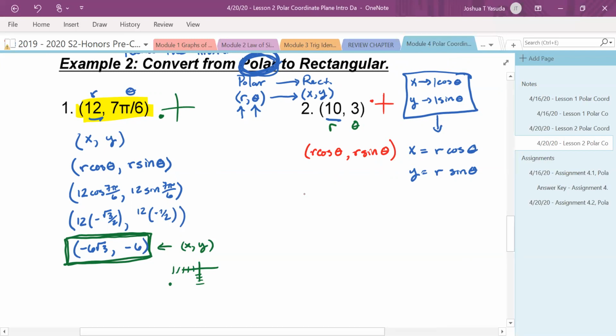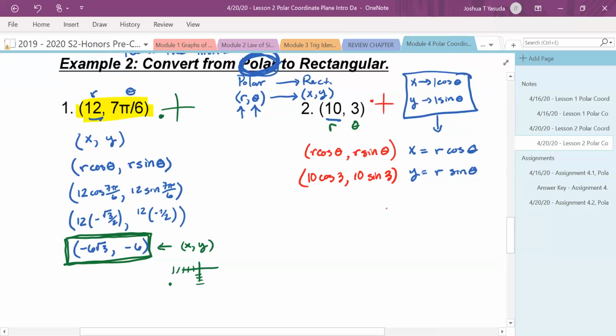R is 10, so 10 cosine of 3 and 10 sine of 3. Okay, so hopefully that works out pretty well.